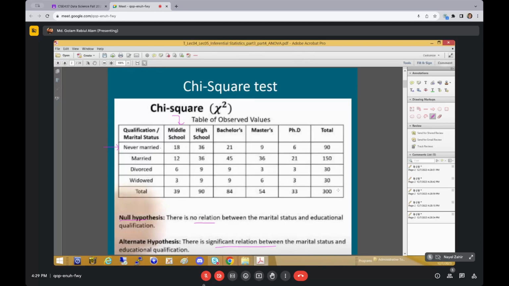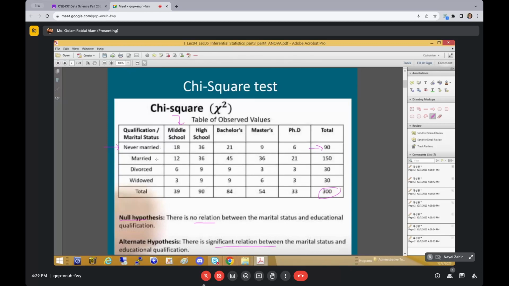Out of our total 300 samples, masters 9 and PhD 6, and the total here is 90.